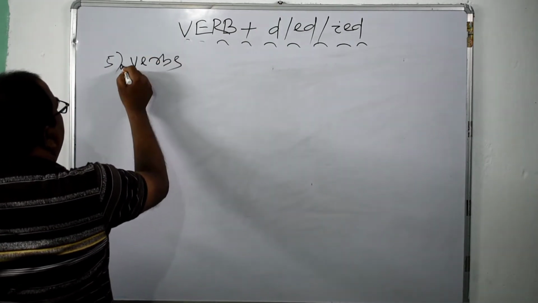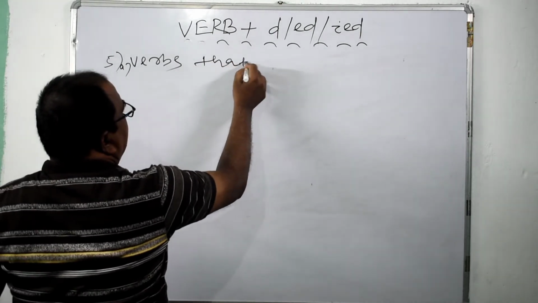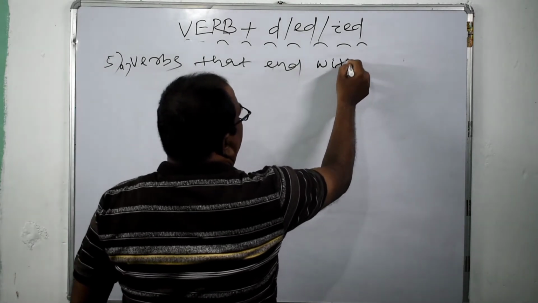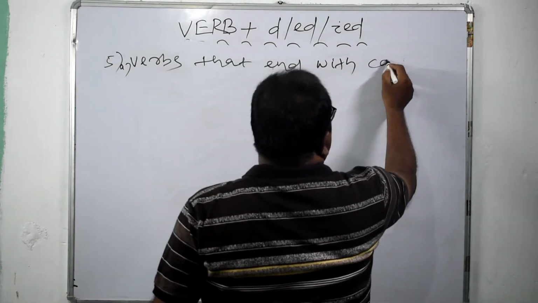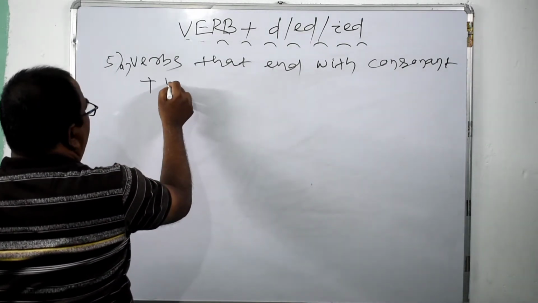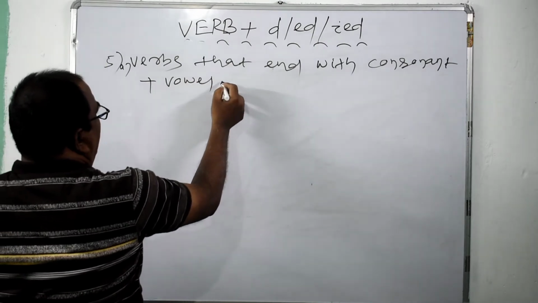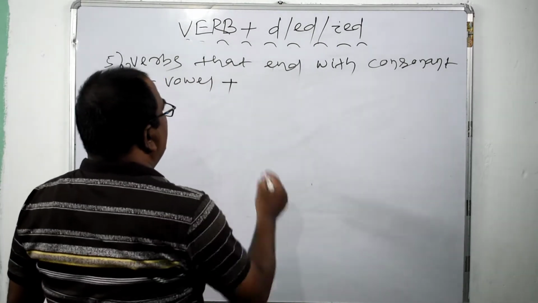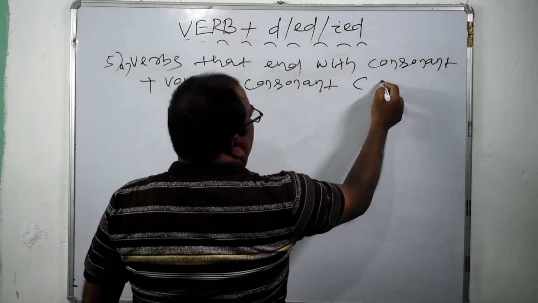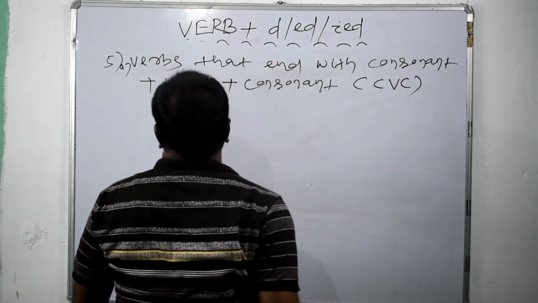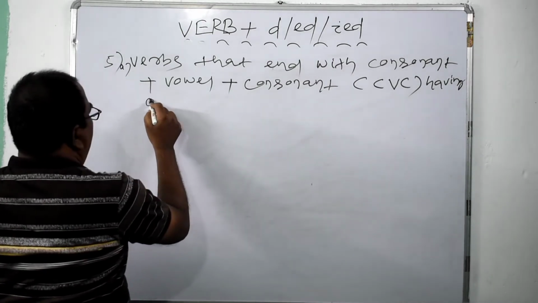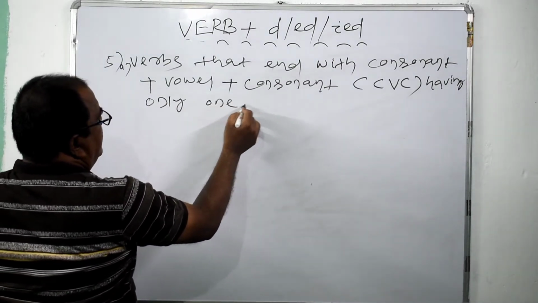Verbs that end with consonant plus vowel plus consonant, which is known as CVC, having only one syllable.